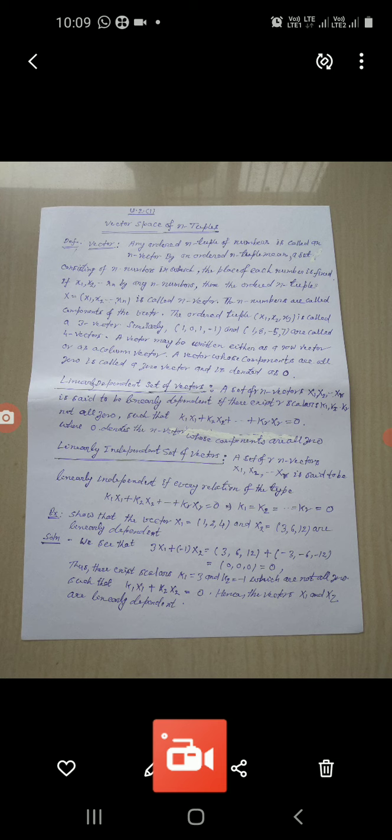Solution. We see that 3 x1 plus minus 1 x2 equal to 3, 6, 12, since x1 is equal to 1, 2, 4, plus minus 1 x2, and this is equal to minus 3, minus 6, minus 12, and this is equal to 0, 0, 0, that is 0.